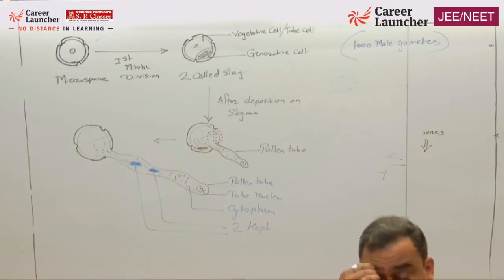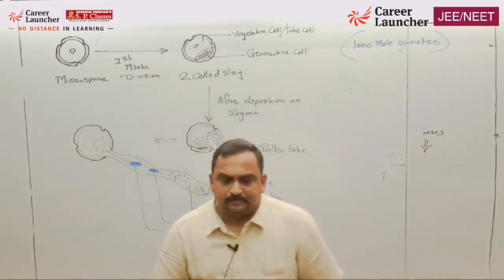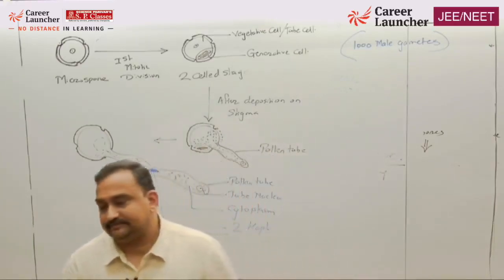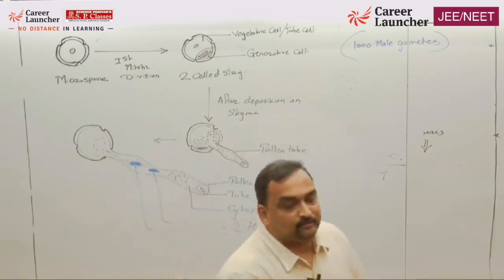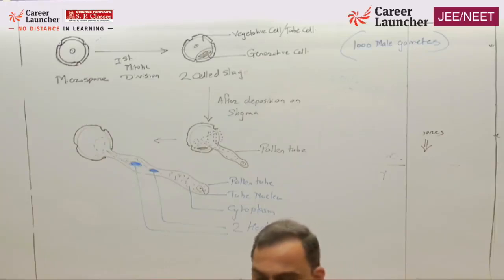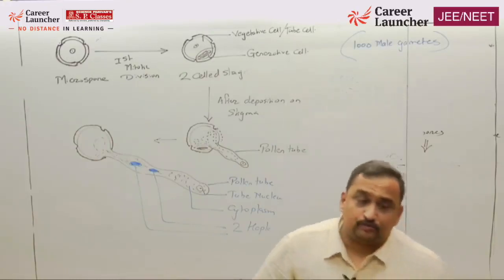A plant has produced 560 microspores. Okay, count the number of... नहीं 560 नहीं, 320 ले लो. 320 microspores.